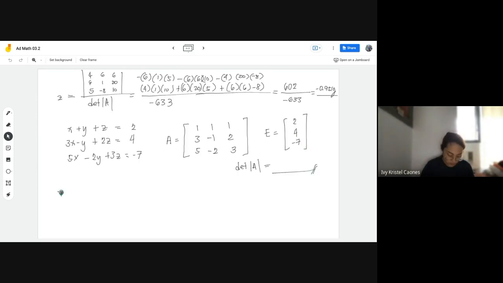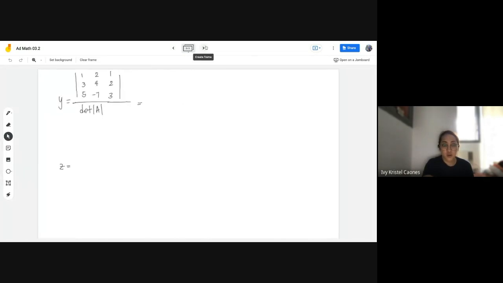And our x will be divided by determinants A. Re-replace natin yung x by the column matrix 2, 4, negative 7, then 1, negative 1, negative 2, then 1, 2, and 2. So while you're solving that, I am arranging then our y.